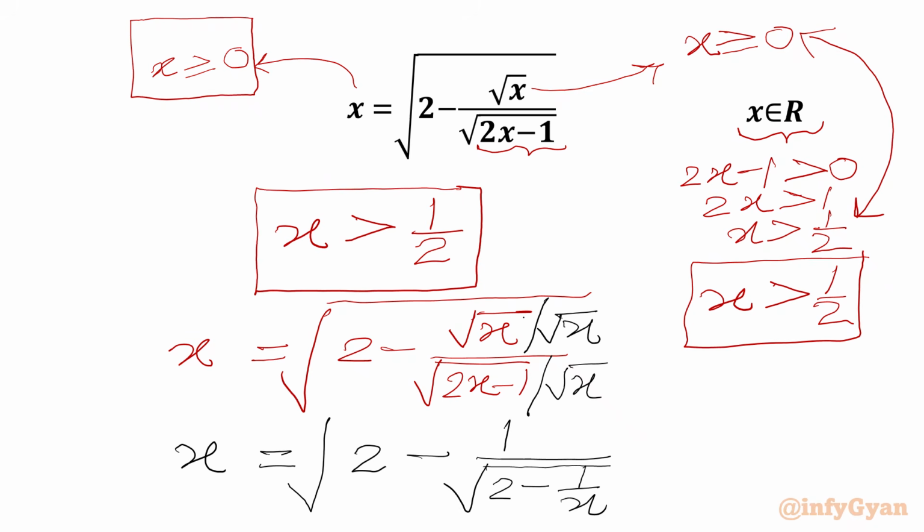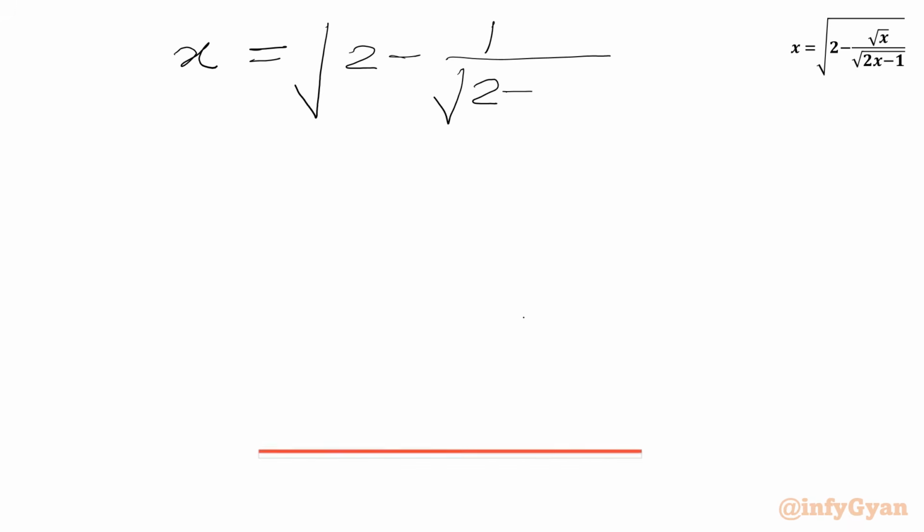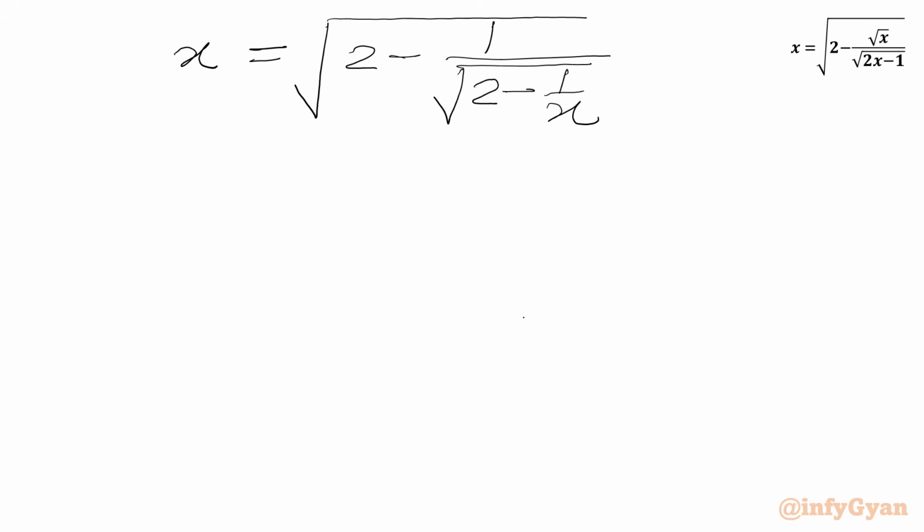Now we will use substitution. Let us say square root of 2 minus 1 over x, this is equal to y. Let me write the equation here. x equal to square root of 2 minus 1 over square root of 2 minus 1 over x. Now we will be substituting this part equal to y. So x is greater than 0.